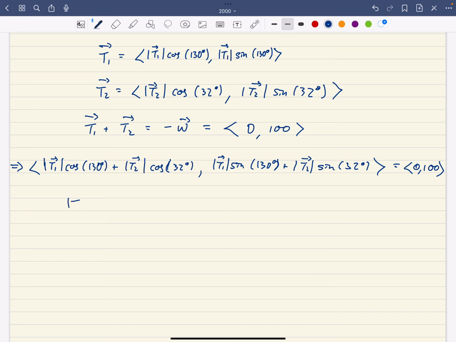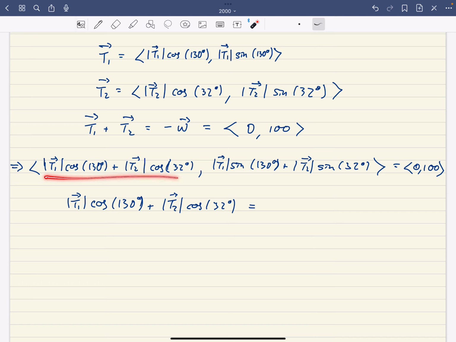We're still looking for the magnitude of T1 and T2. We don't know those exactly. But what we have is a system of equations. So we know that the magnitude of T1 times the cosine of 130 plus the magnitude of T2 times the cosine of 32 degrees is going to equal 0, since we're setting these two vectors equal to each other. The only way that vectors are equal is if all their components are equal.